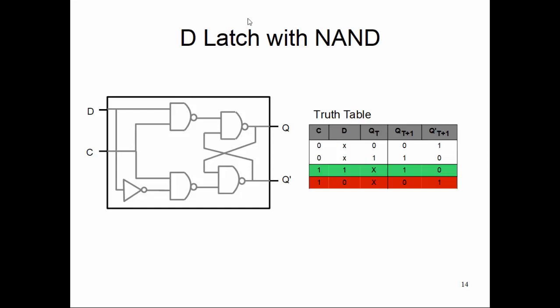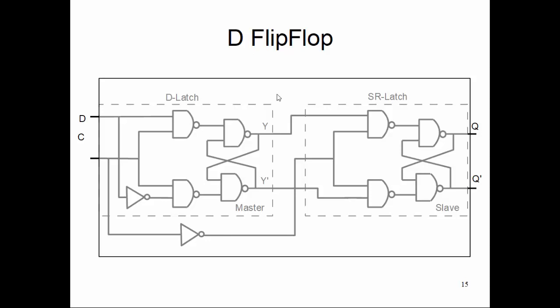Now in the D flip-flop, on the input side we use a D latch, and on the output side we use an SR latch. Why? Because by construction of the D latch, it is always guaranteed that the SR latch won't go into a reset condition. Why? Because the D latch guarantees its outputs are always inverted.